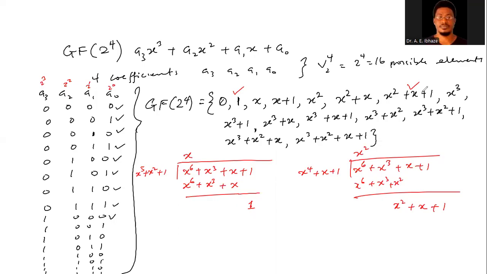So the interesting thing about this is that regardless of the particular irreducible polynomial we use, the chances that we will get an element in that field is high. Okay, because what are irreducible polynomials? Let's just talk about that before we move on.